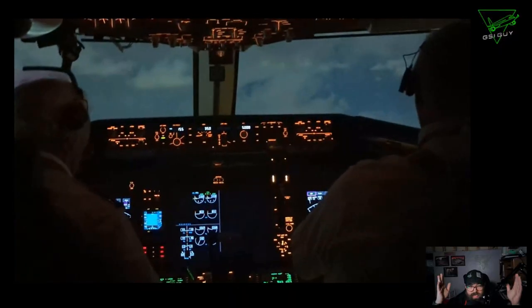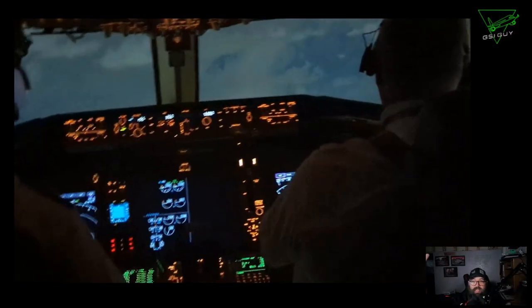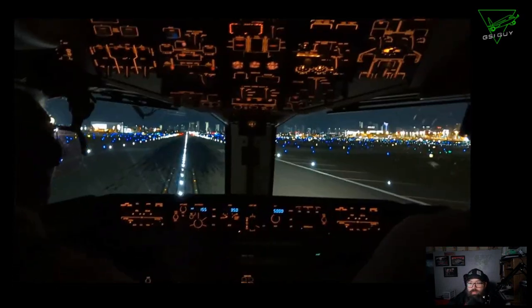But V1 is a decision speed, meaning you're taking the thing into the air, or you may end up off the end of the runway. So you can see here the autopilot didn't do any of that. That was all the two pilots. And it was crosstalk, making sure that both things are saying what they're supposed to say and all this other stuff. Then they rotate into the air.